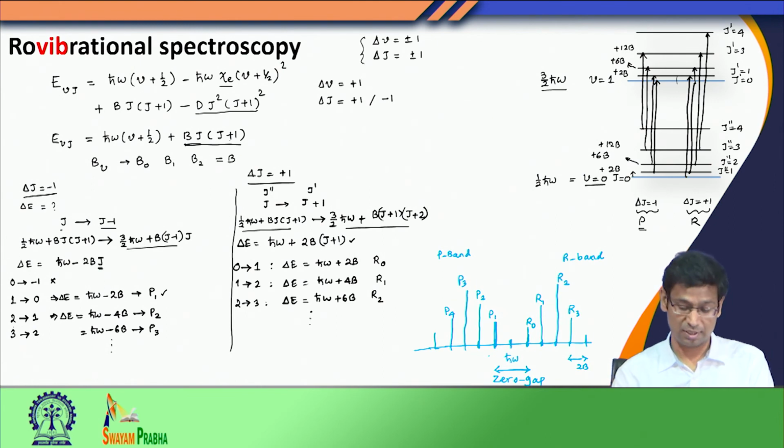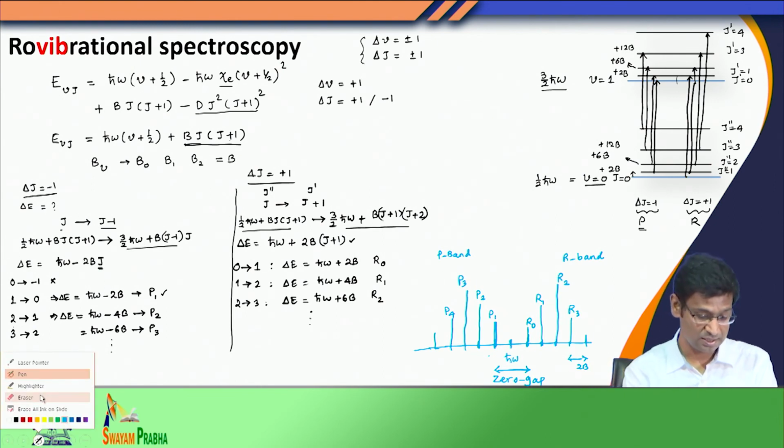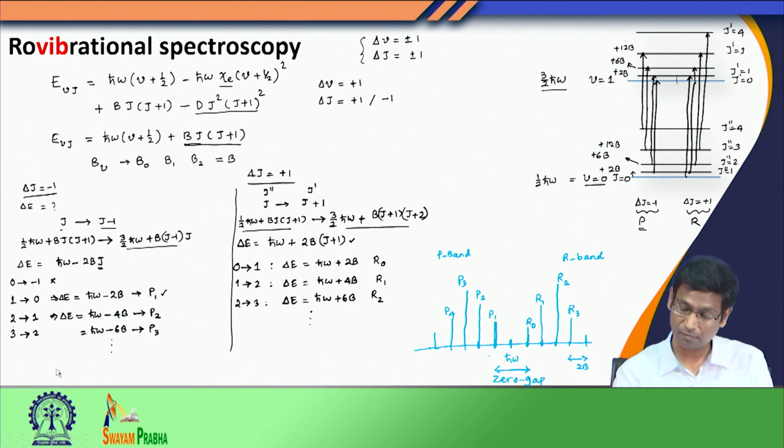One important feature is that in this discussion we have only considered delta j equals minus 1 and delta j equals plus 1, but we know that in some polyatomic molecules we would also start seeing delta j equals 0 transition.